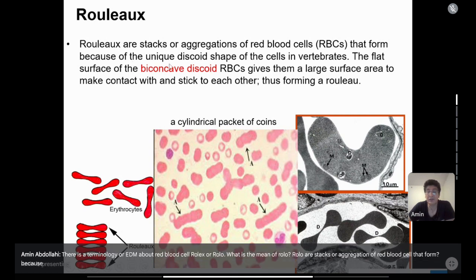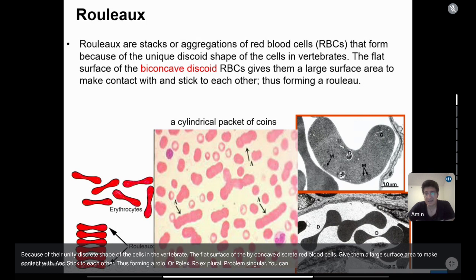because of the unique discoid shape of the cells in vertebrates. The flat surface of the biconcave discoid red blood cells gives them a large surface area to make contact with and stick to each other, thus forming a Rouleau or Rouleaux. Rouleaux plural, Rouleau singular.